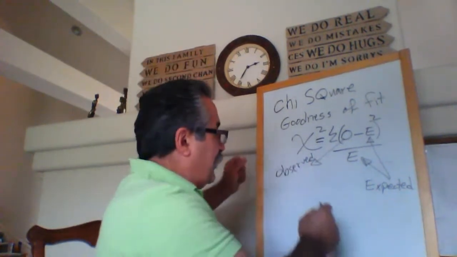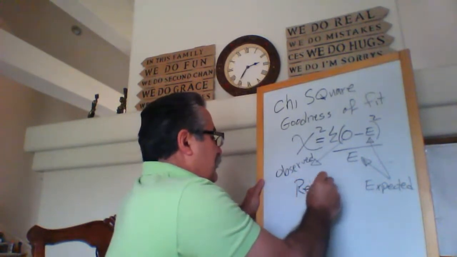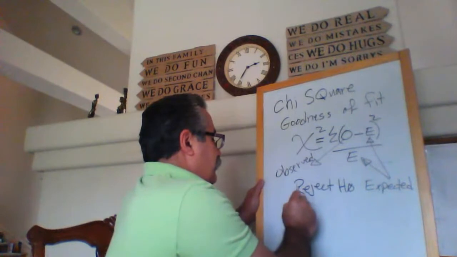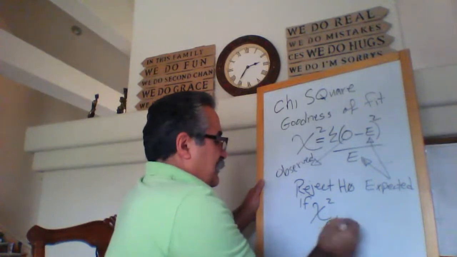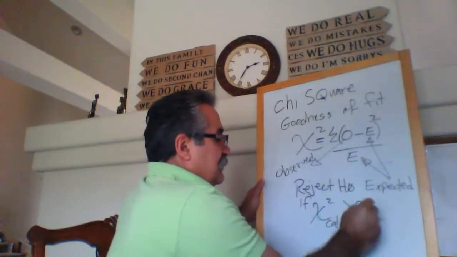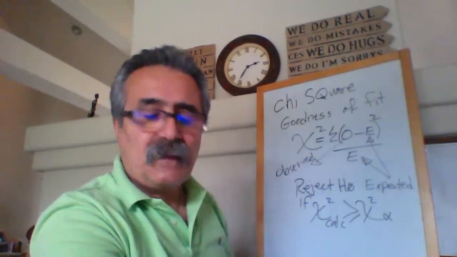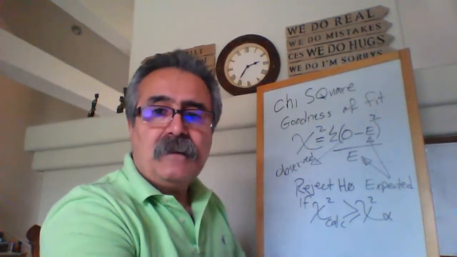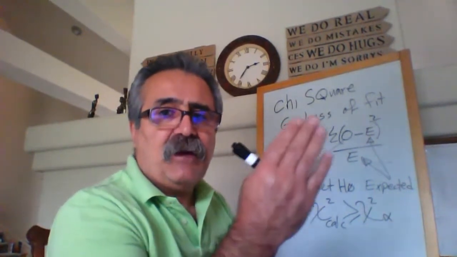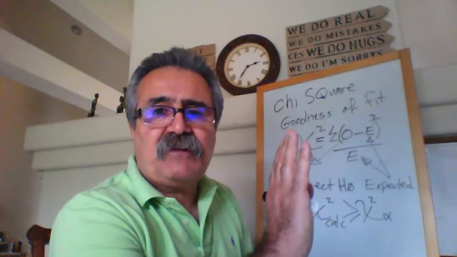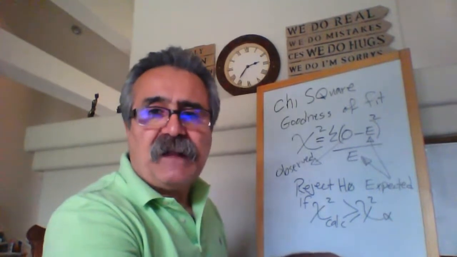And we reject H0 if chi-square calc is greater than or equal to chi-square of given alpha. And there's only one tail, and that is the upper tail, for chi-square testing. And we can either use this or we can use the p-value.